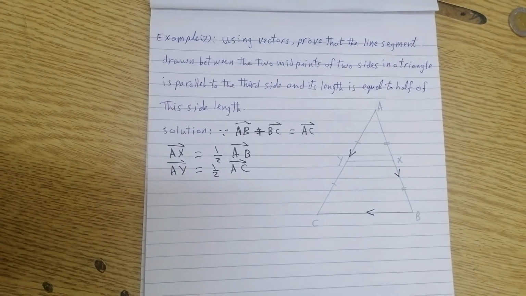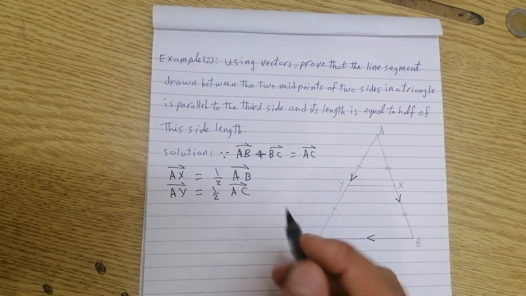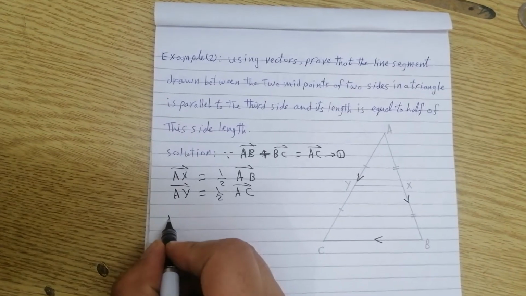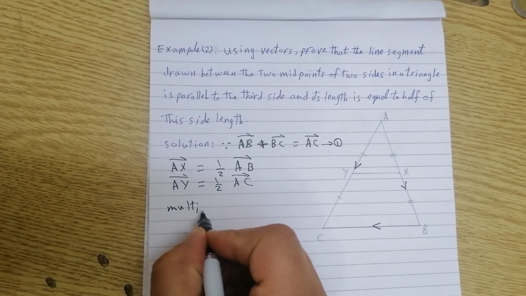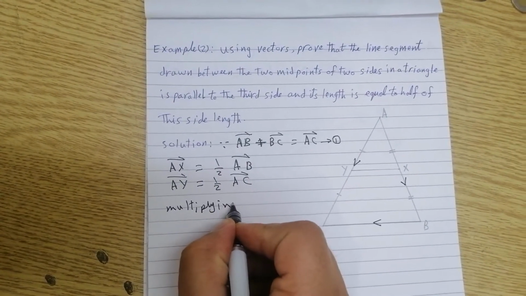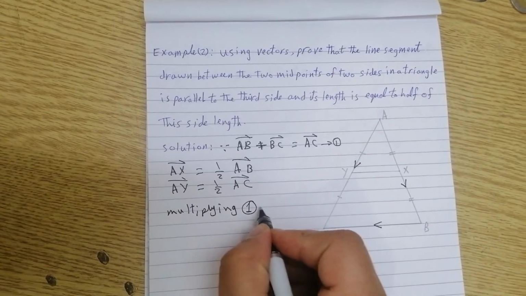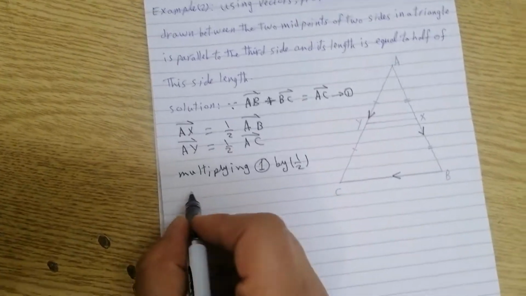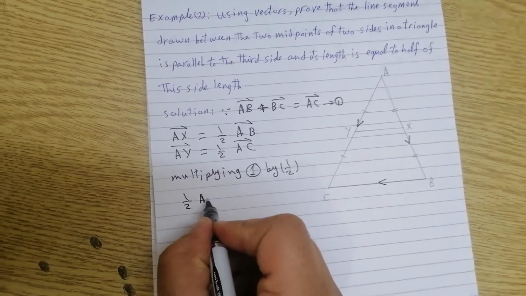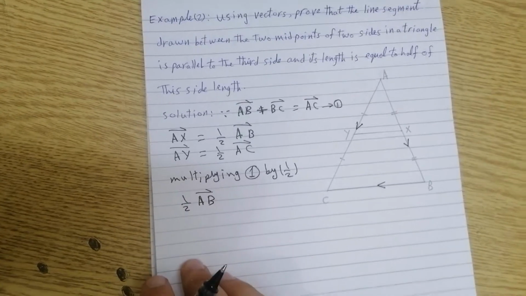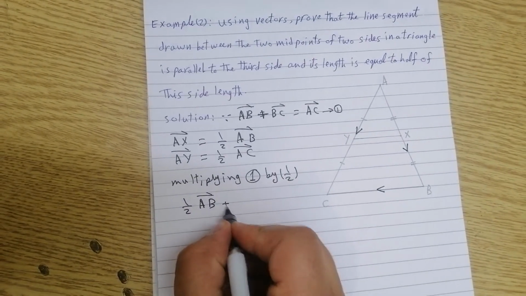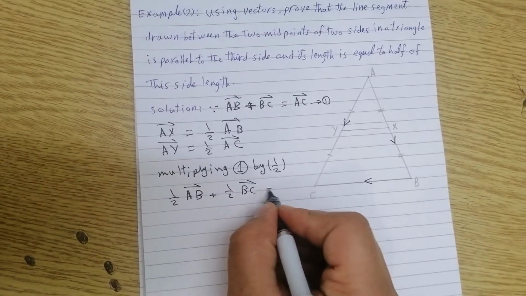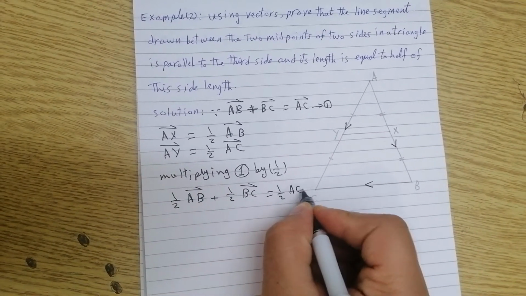So we can multiply both sides of that note, note 1, by half. So we have here half AB vector plus half BC vector equals half AC vector.